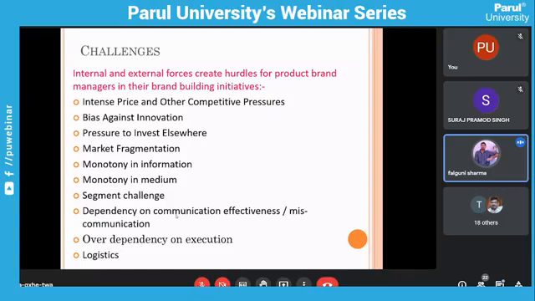Bias against innovation means something gets innovated, but it is not delivering the proper promise. Or the market or consumers are biased towards using existing products or brands, or they already have the trust created by the competitors, so they are not able to cope with the new things or don't want to listen.